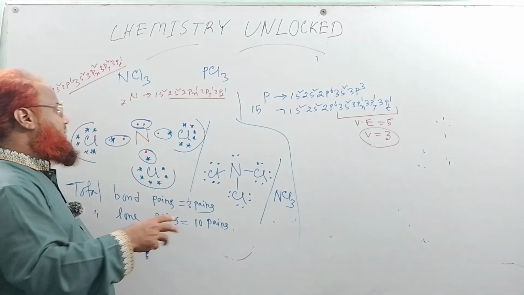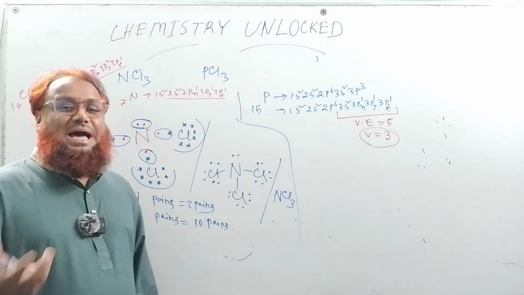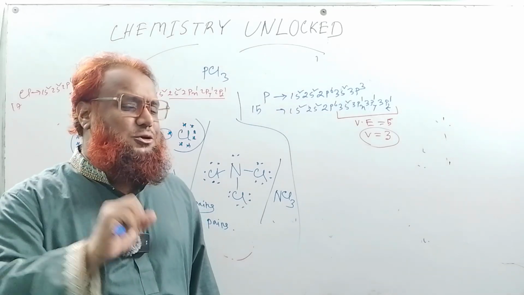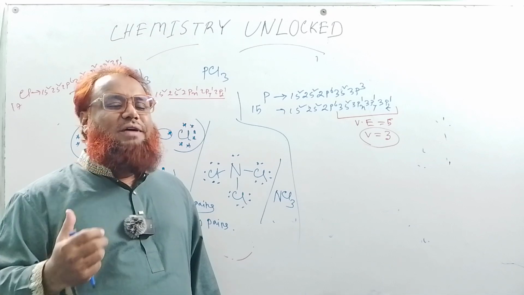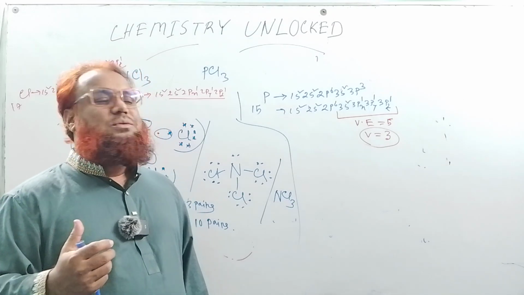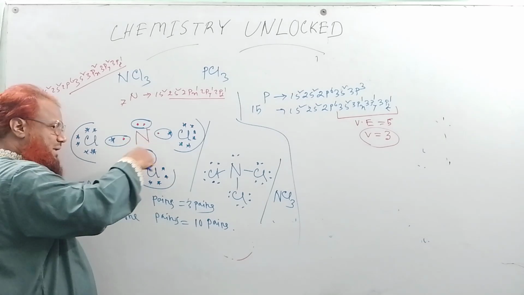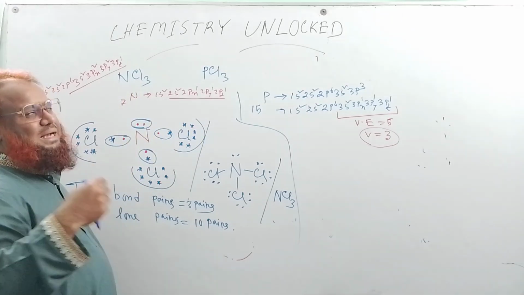Which is the central atom and which is the lateral atom? The atom having the maximum valency is known as the central atom. The atom having the lower valency is the lateral atom. Here the valency of nitrogen is 3, so it is the central atom, and the valency of chlorine is 1, so it is the lateral atom.